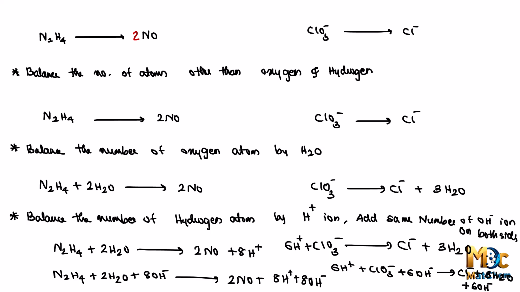I will write it on the other slide. So we can write it as N2H4 plus 2H2O plus 8 OH minus gives 2NO plus 8H plus 8 OH minus.